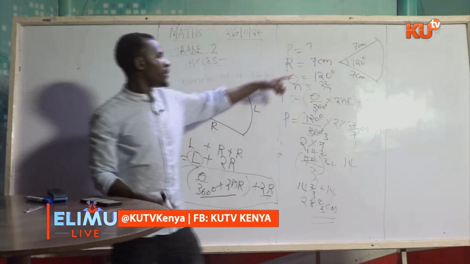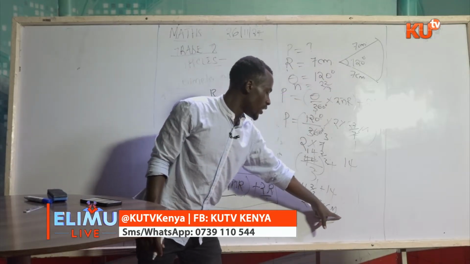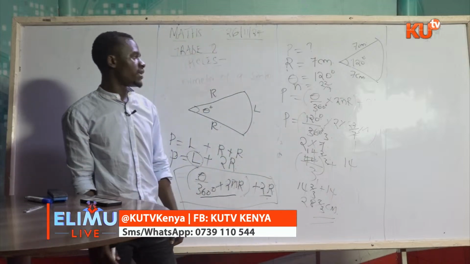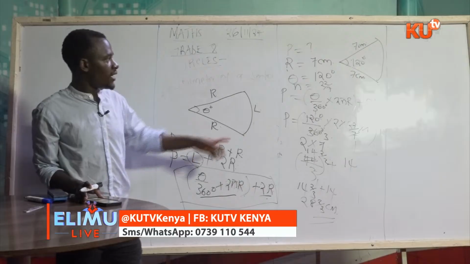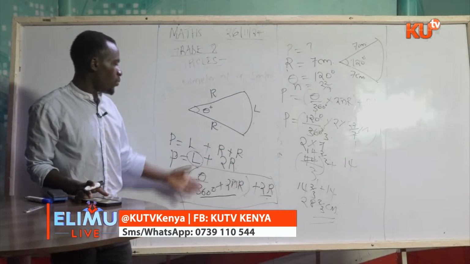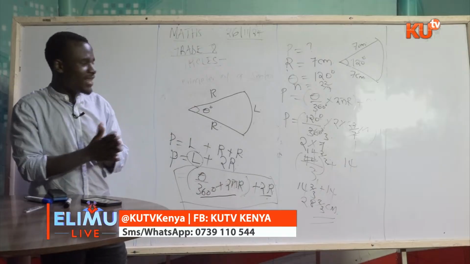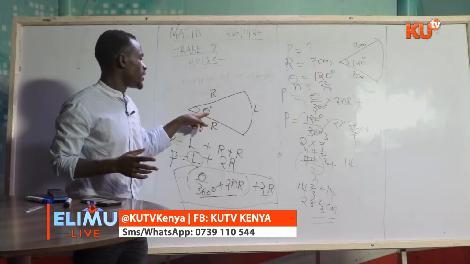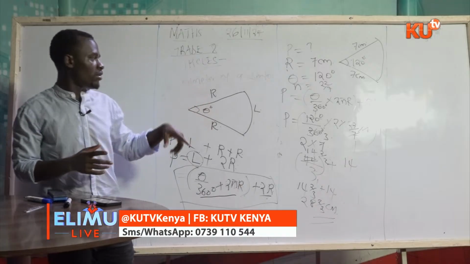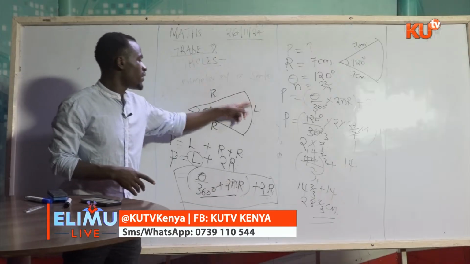So the perimeter is simply a length, so the units will remain centimeters. Boys and girls, that is a good example for working out the perimeter. Again, I have said that you can be given a question where you have not been given the angle, or you have not been given the radius, but you've been given the arc length.